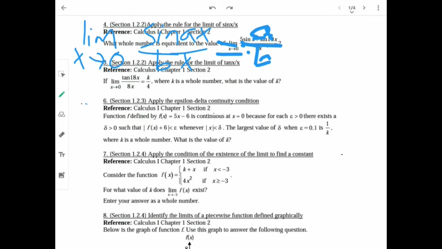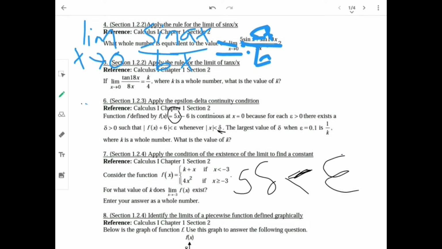Okay, so for number 6, there's an easy way to do it for multiple choice and typing. You just look at the slope of f of x, it's 5. So 5 times the change in x, which is delta, is at least less than the change in y, which is epsilon.